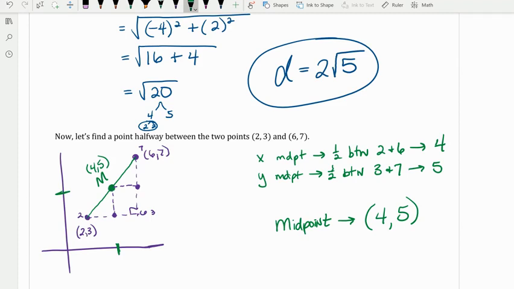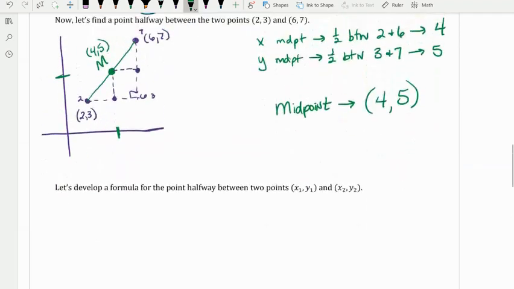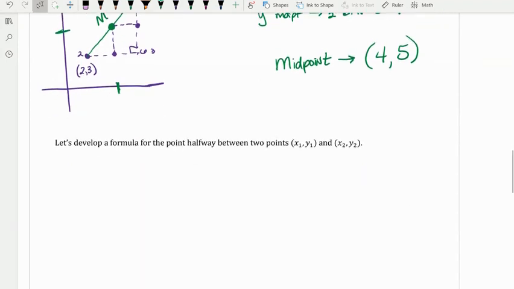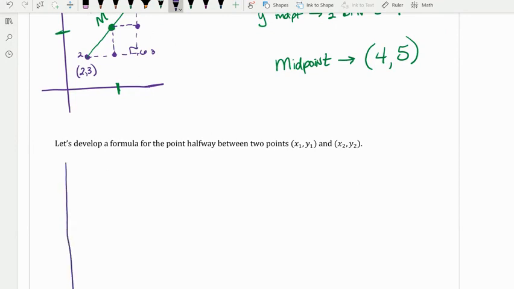Okay, so now thinking about that more generally, we did an example with some numbers. Now let's think about that same problem with just x's and y's. So again, if I make this graph the same way we did before, if I pick 2 points on my graph, call this one x1, y1, and x2, y2.